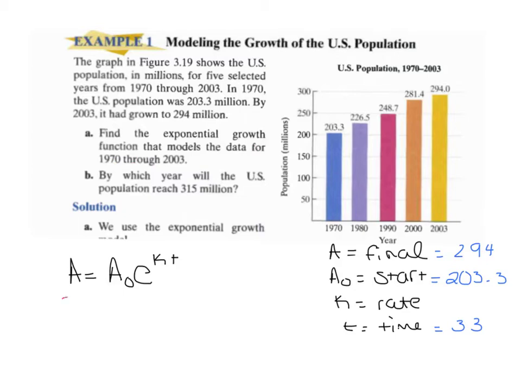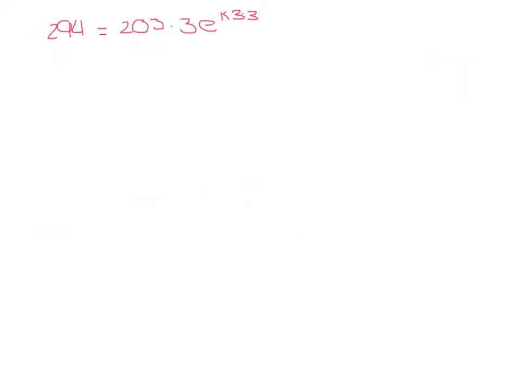So we have 294 equals 203.3 e to the power k times 33. And now I have an exponential equation that I can solve for k, and that's exactly what I'm going to do. So in order to solve for k, I want to start by dividing both sides by 203.3.